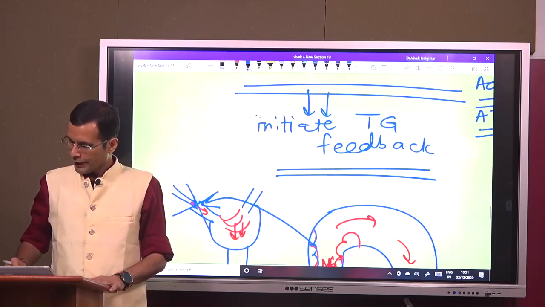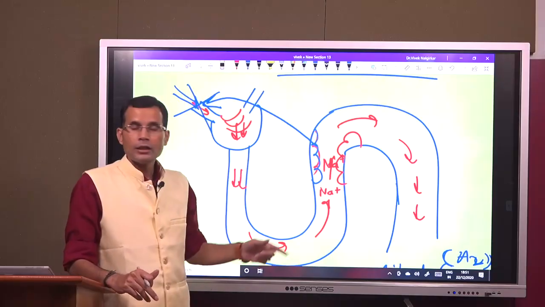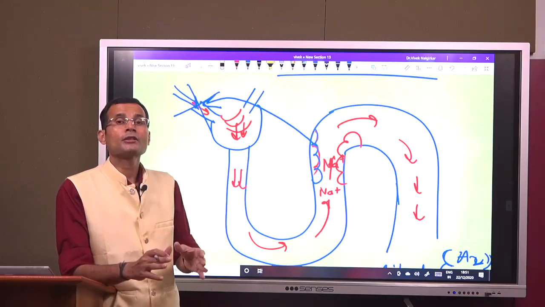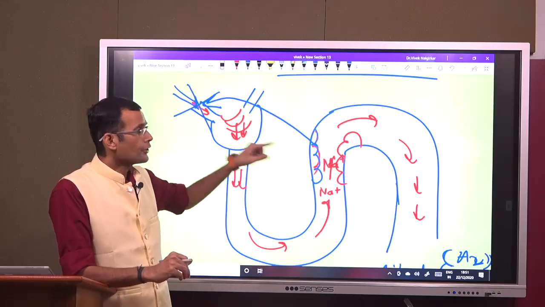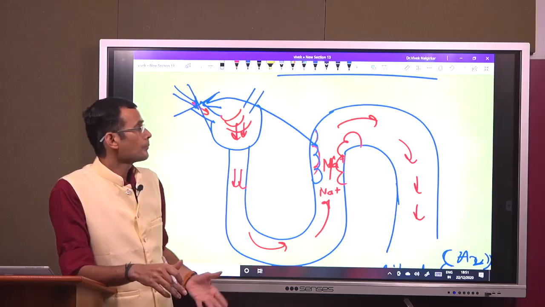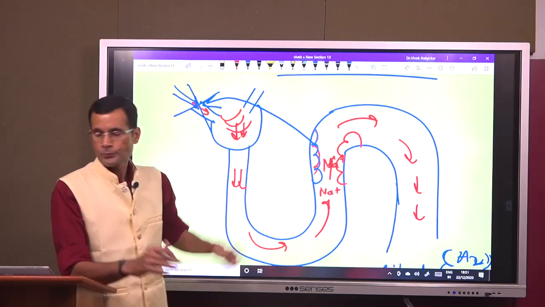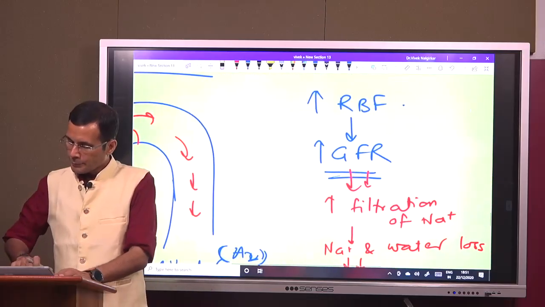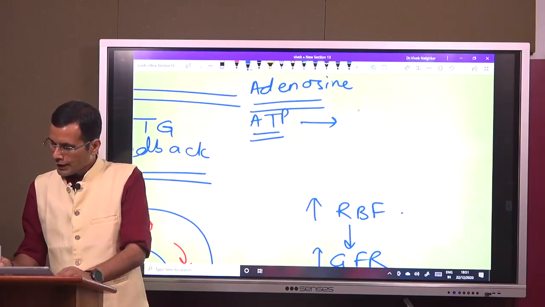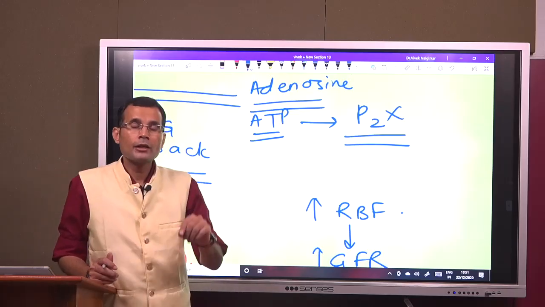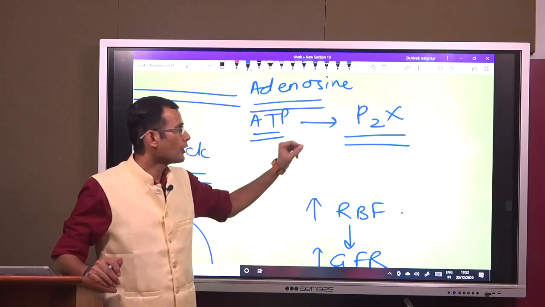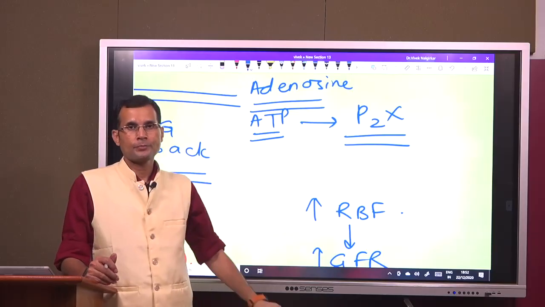We know that ATP is a neurotransmitter. It acts like a neurotransmitter or a ligand. So here it's acting as a ligand, and ATP acts via its receptors called P2X. These are called purinergic receptors.